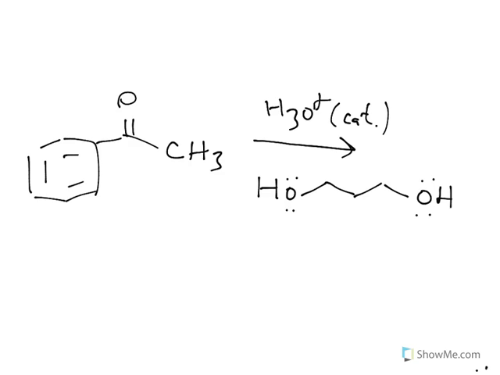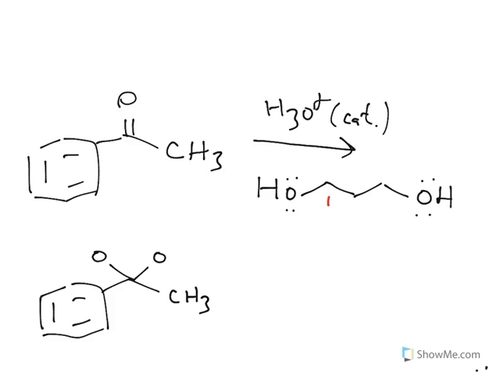The way this is going to work is the same approach. However, since we have an intramolecular reaction, and intramolecular reactions happen so much quicker than intermolecular reactions, if we count these carbons, 1, 2, 3, those are the carbons that are going to be attached.